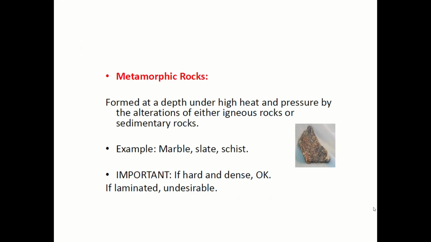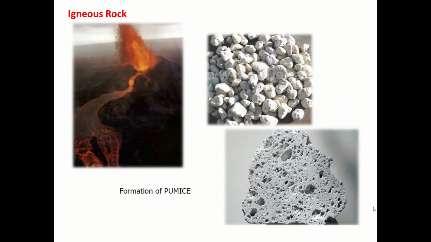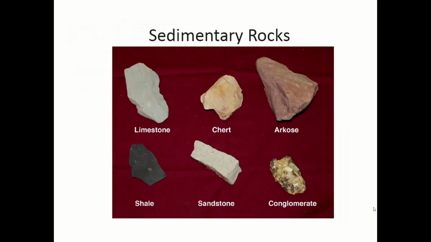Again, if they are hard and dense, they are okay. If laminated, they are undesirable. Here we can see an example of igneous rock, like basalt. Here is the pumice. Here are some examples of sedimentary rocks.